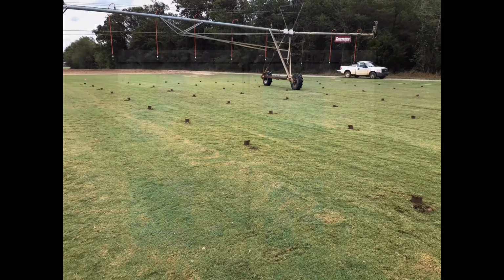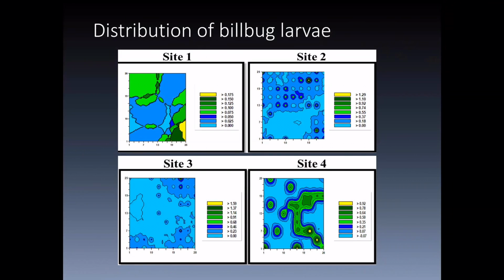So this is what we did, and I know a couple of slides are going to be a little bit confusing and kind of overwhelming, but my idea is just to show you the distribution here. So this is a pictorial representation of the larvae that we collected. And the greener that you see here, or where it becomes yellow in some spots, that basically says that they are aggregated in distribution.